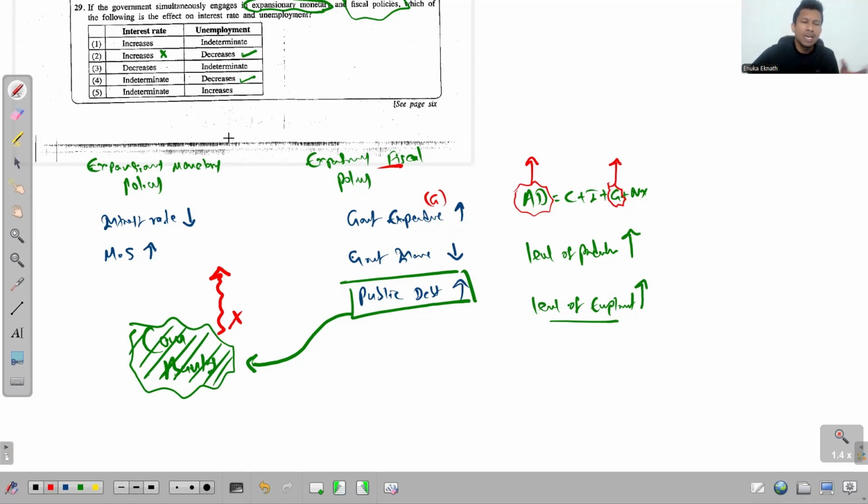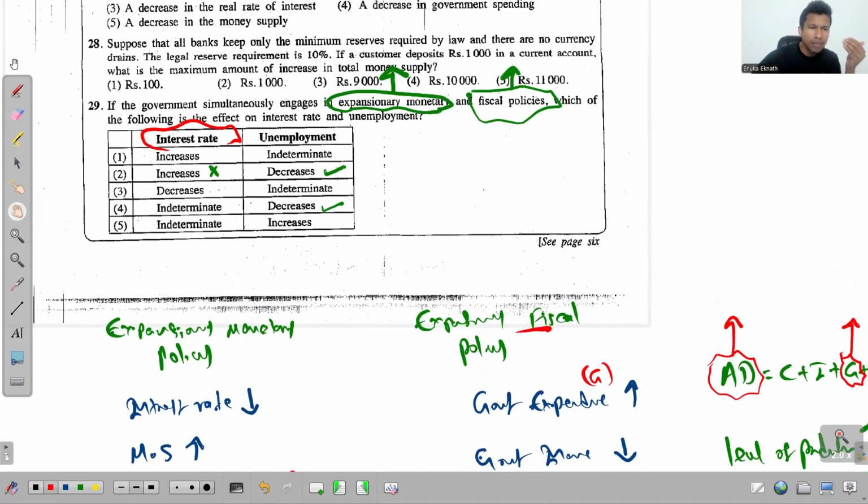So we can't be 100% certain what happens to the interest rate in the economy, and that's why we should choose the fourth answer. The interest rate is indeterminate, but the unemployment definitely decreases. That's how we find the answer for question 29.